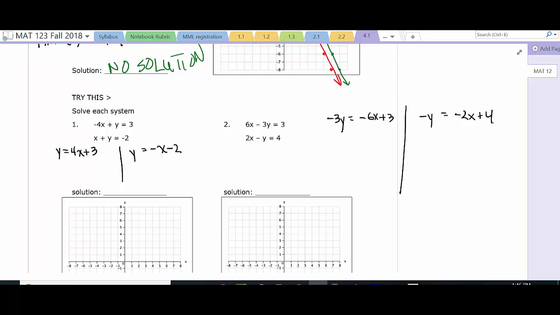So then you're looking for an intersection. It could be parallel. It just kind of depends. But try to make sure you solve your equation for y, okay? And then look for that intersection point if you have it.